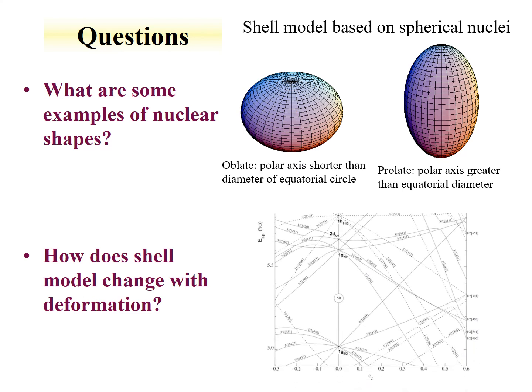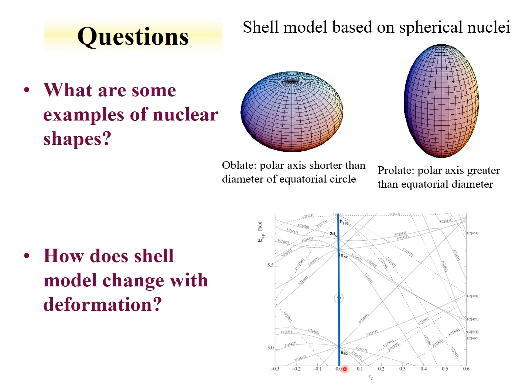And how does the shell model change with this deformation, going from spherical to either prolate or oblate? Well, we go from using the shell model, which is shown here right along this line. As it changes, we go to our Nilsson diagram, and these states radically change.